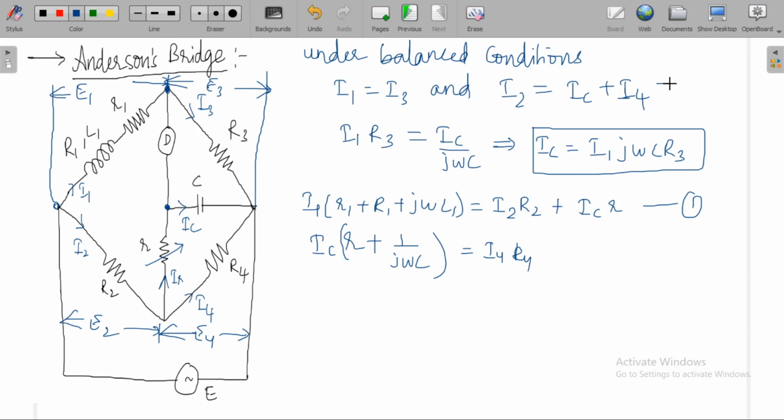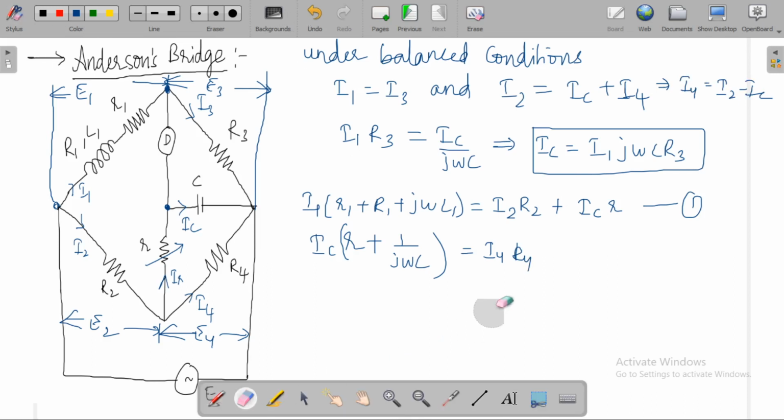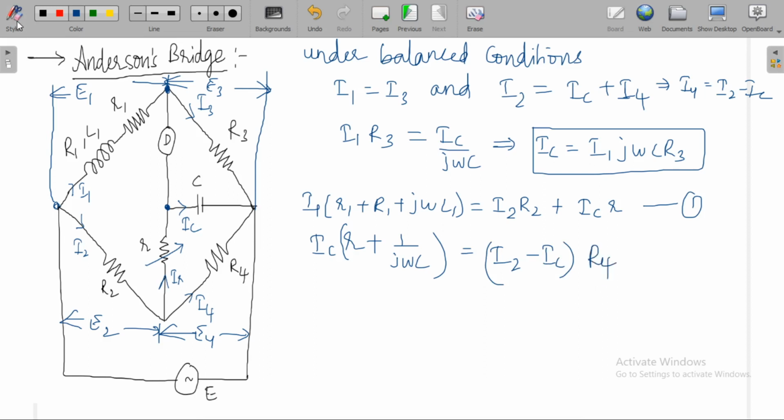Anyhow, I4 is equal to I2 minus IC, so let me write I2 minus IC into R4. This is equation 2.